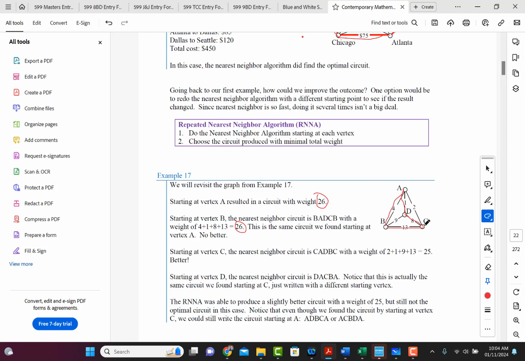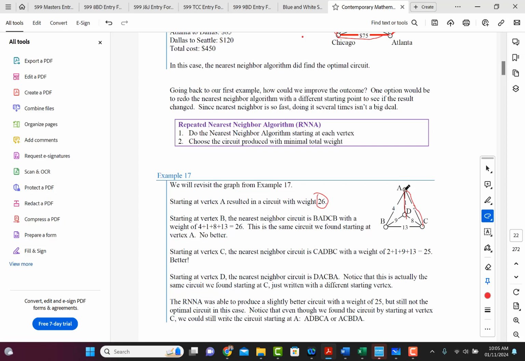Okay, so let's start with C. If we start with C, we go to A, and then we go to B, and then we go to D, and then we go to C. Hold on, I messed up because I didn't see D. D is the cheapest route here.